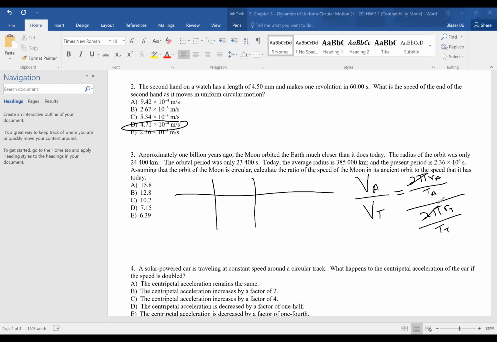To solve this problem, we are going to divide by a fraction, and the denominator of the denominator moves to the numerator.